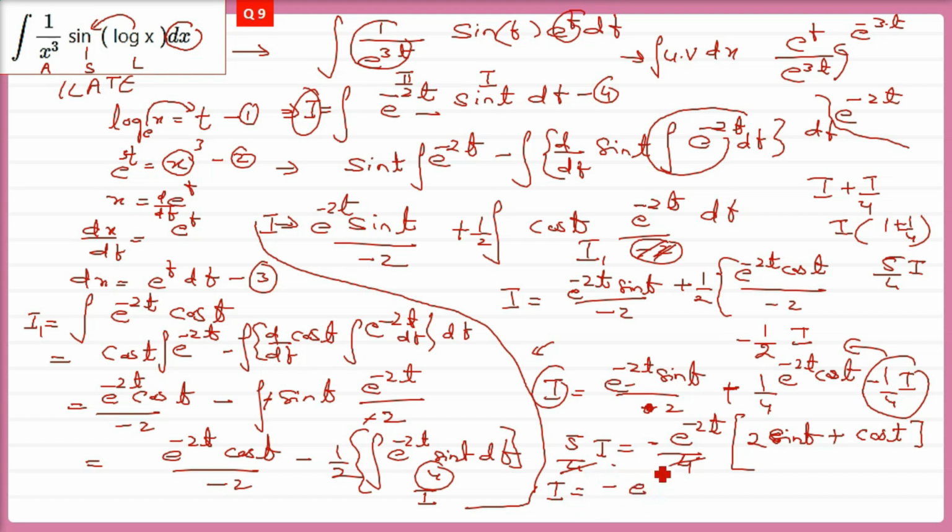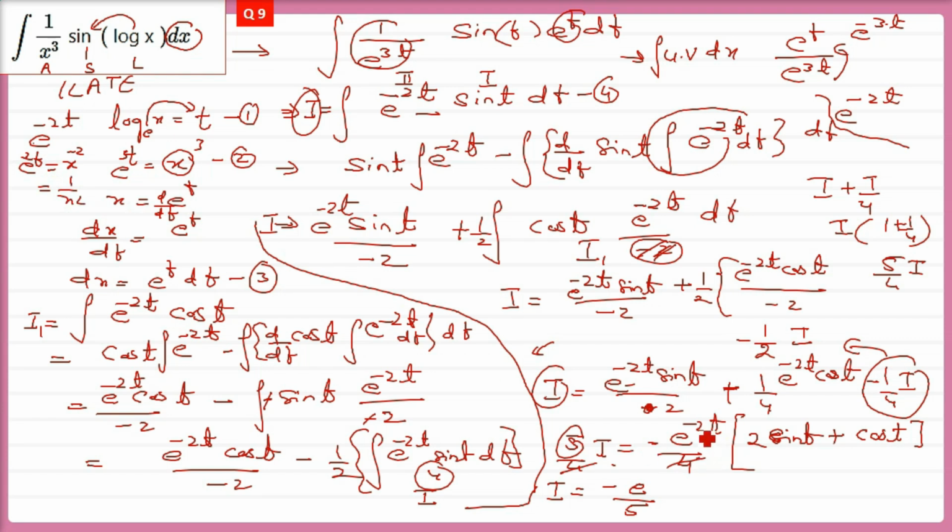So e raised negative 2. So what is e raised negative 2t? See, e raised t was what? If you remember, this is e raised negative 2t. E raised t was what? X. And if you just take the power, negative 2 will come here also. It will be x to the power minus 2.